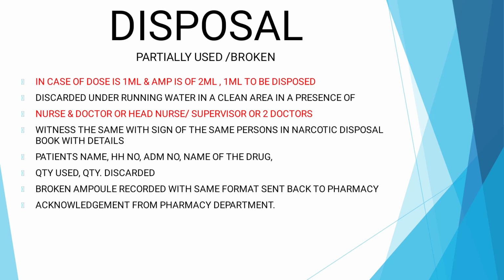Witness the same with sign of the same person in the narcotic disposal book with details: patient's name, HH number, admission number, name of the drug, quantity used, quantity discarded. Broken ampule is recorded with the same format and sent back to pharmacy. Acknowledgement from the pharmacy department as well.